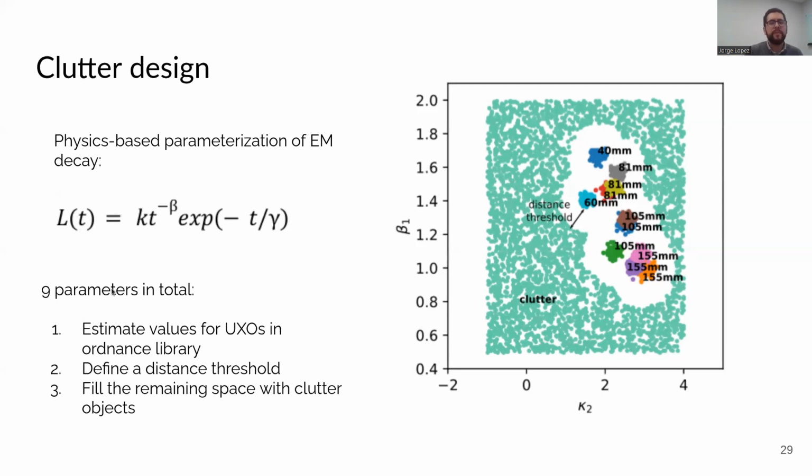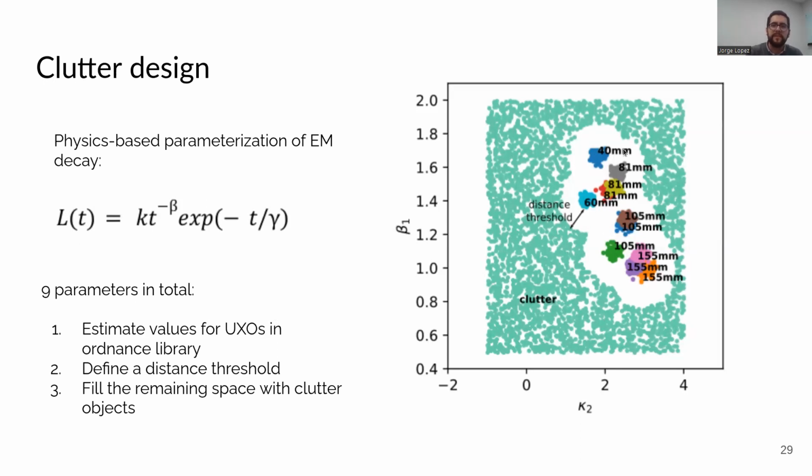This was proposed a few years back in the UXO literature. Since we have 1 for each of the 3 different axes, we end up with 9 parameters in total.